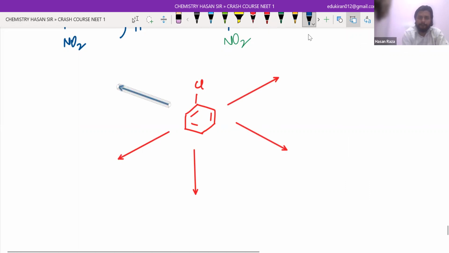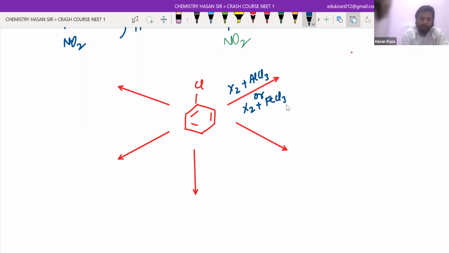The first is X2 in the presence of either AlCl3, or you can use X2 plus FeCl3.